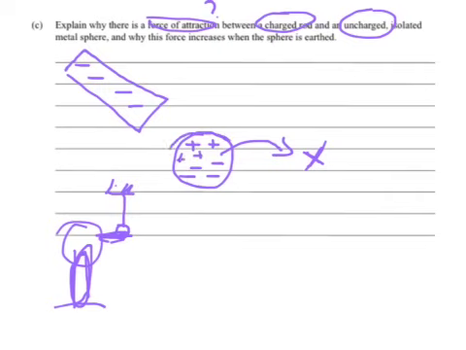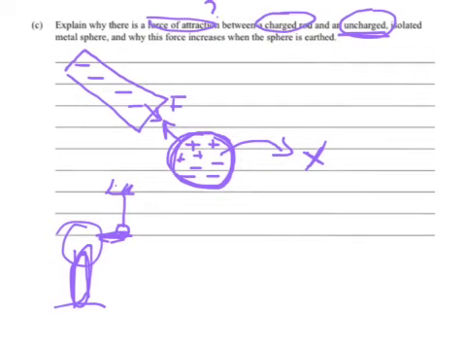So overall, the whole thing is still neutral or uncharged, as this question says, but we've got a charge imbalance within that whole system, which means there'll be a force of attraction between the two, drawing them to each other due to that electrostatic charge.